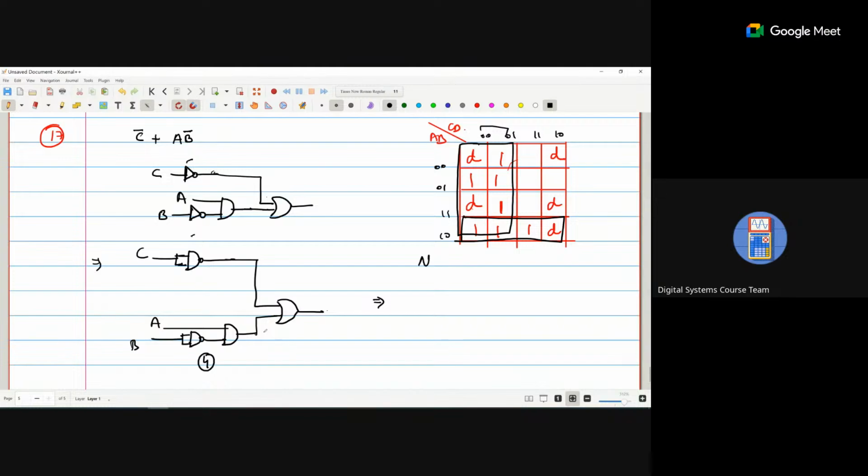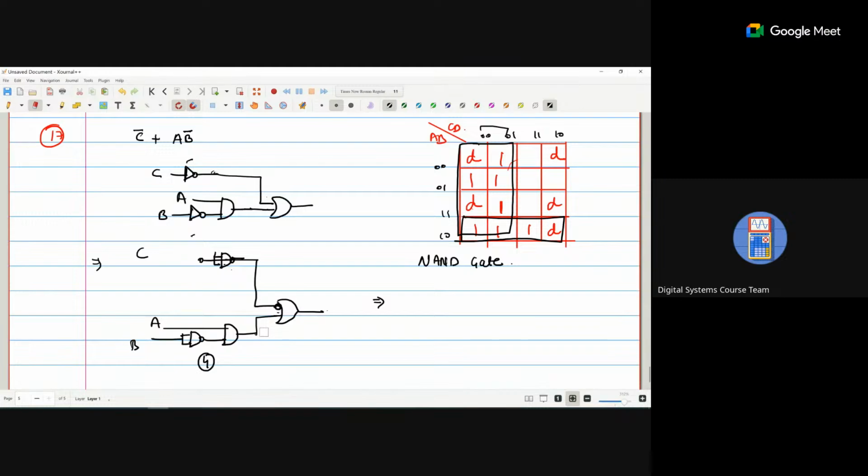If you have to implement with only NAND gates, what do you have to do? Use one NAND gate more here, and one complement. So this NAND gate and this complement will cancel each other out because you are taking two inverters, and two inverters cancel the effect.